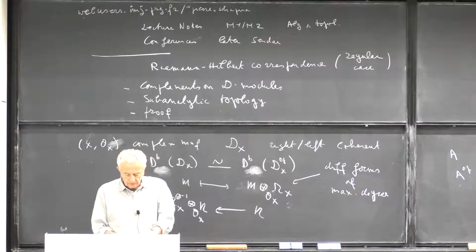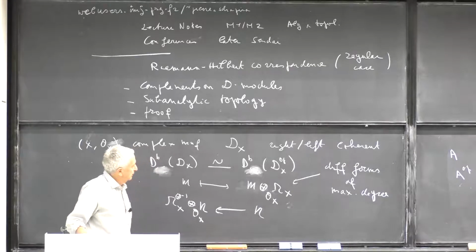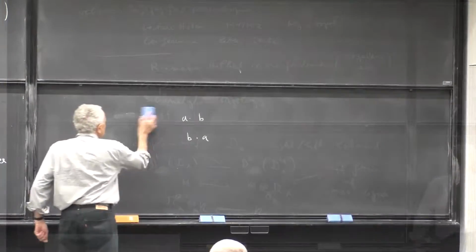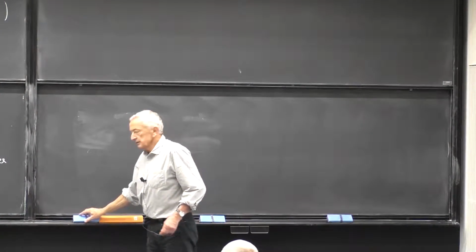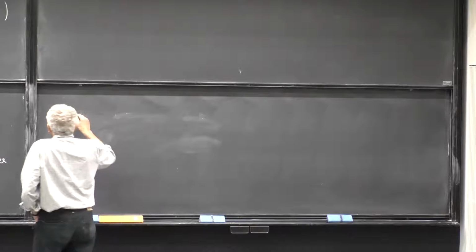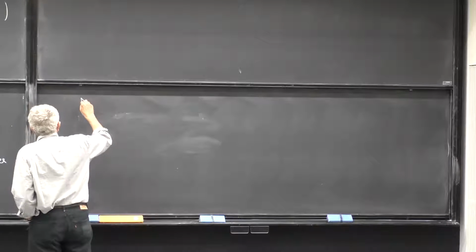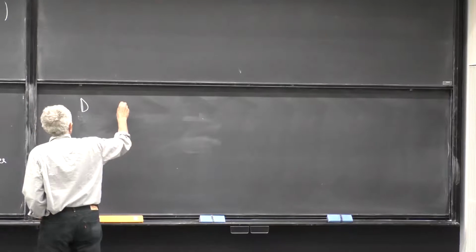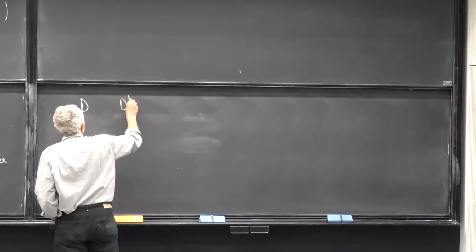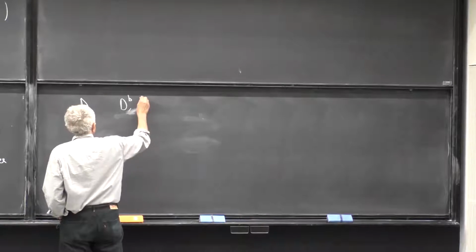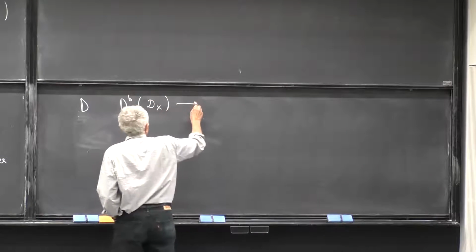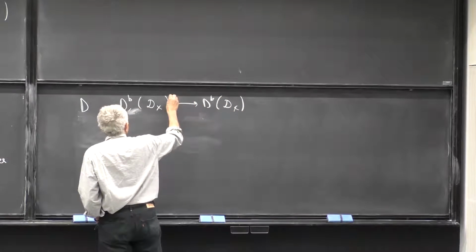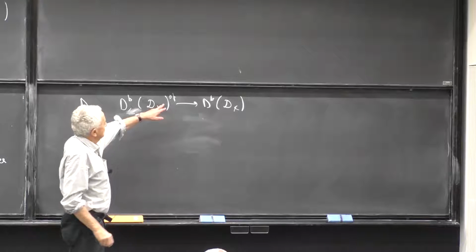Now I want to describe a few operations on D modules, first internal operations and external operations. There is a duality, or two dualities, no, let's say only one. The dual from D^b of DX to D^b of DX, it's a contravariant functor.